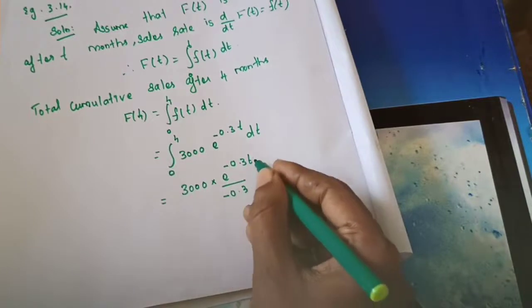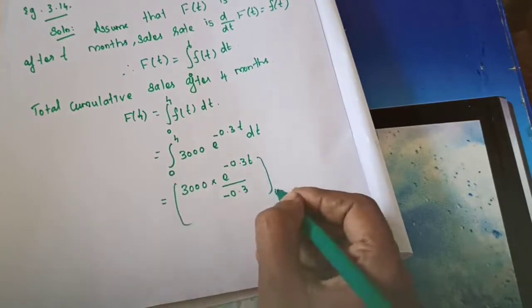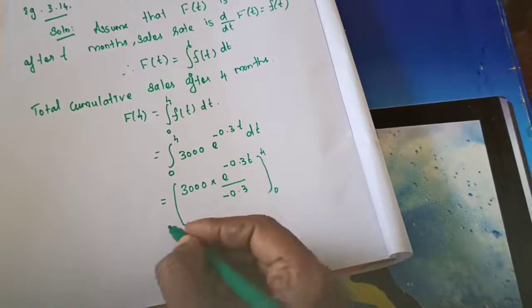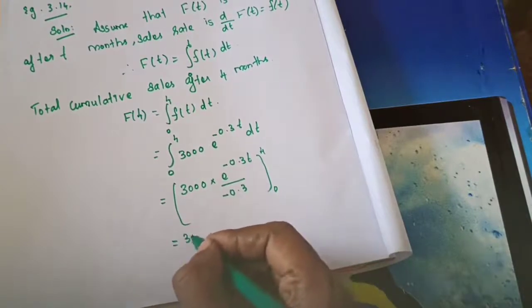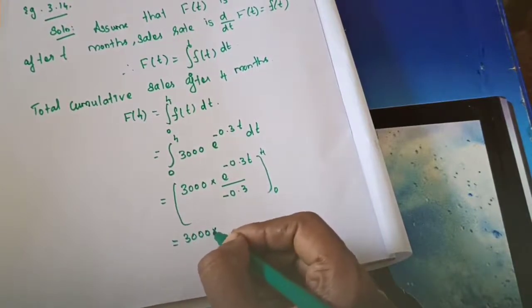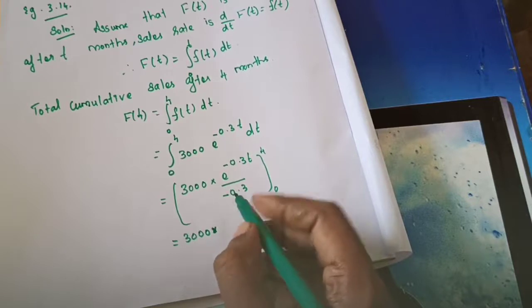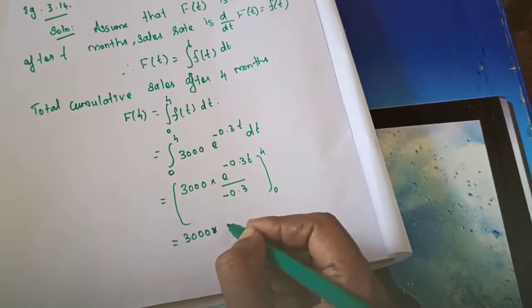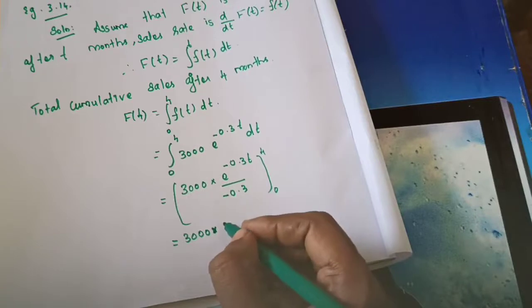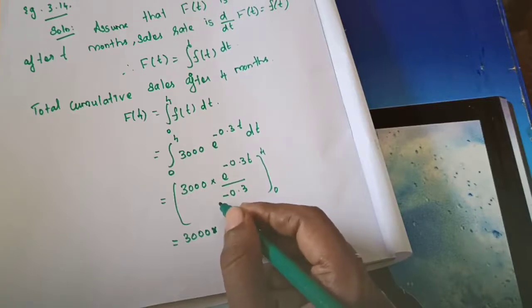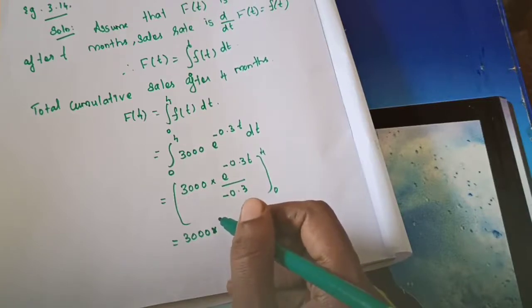So minus 0.3. So this all the things you know already. So because of that I am not going to explain again and again. That is equal to 3000 into, so 3000 into, is it right? So 3000 into e power minus 0.3t. Here it is minus. So what did he do? Next step.